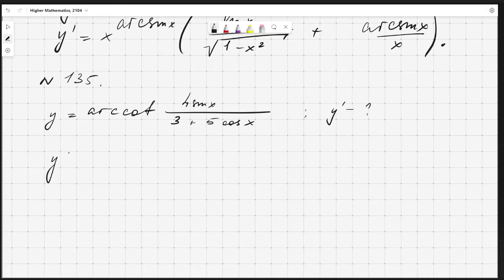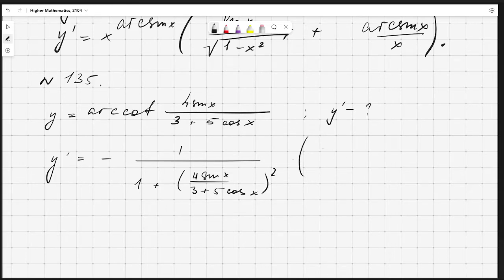The derivative of arctangent is 1 over 1 plus argument squared, and we must multiply by the derivative of the argument.